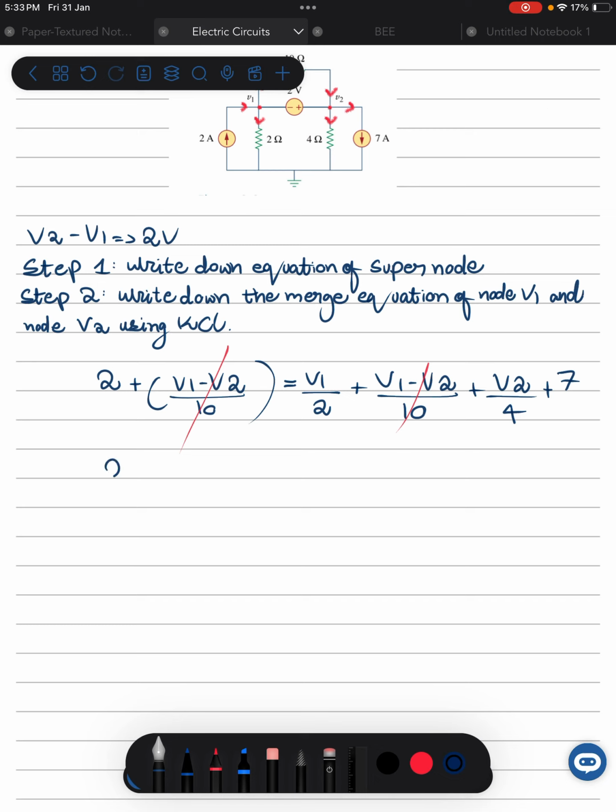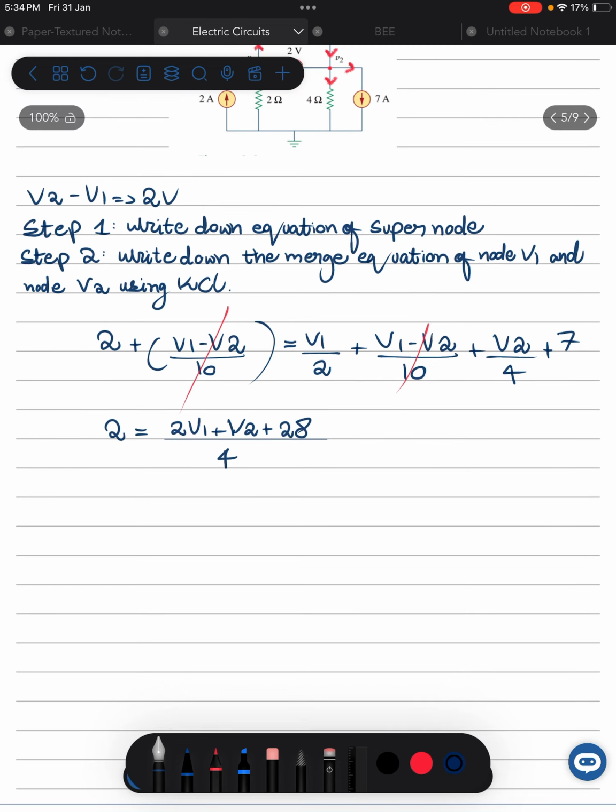Now we are left with 2 equals, let us take the LCM, which is 4. This would be (2V1 plus V2), 7 times 4 is 28, and 4 times 2 is 8. So 8 equals 2V1 plus V2 plus 28.